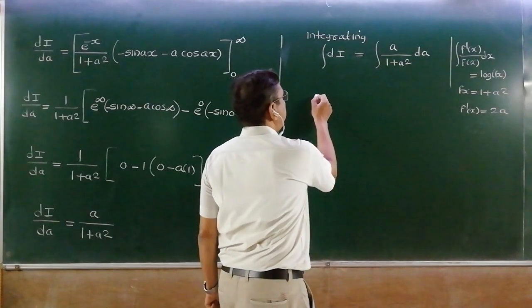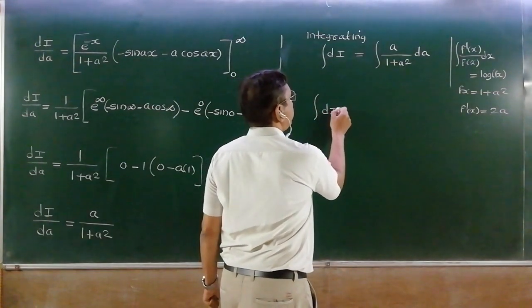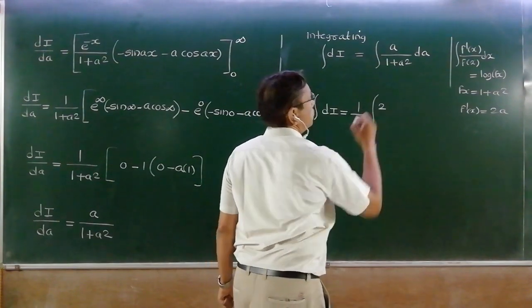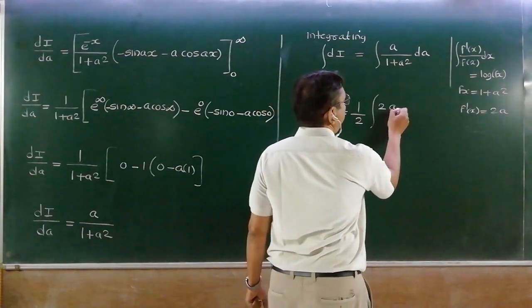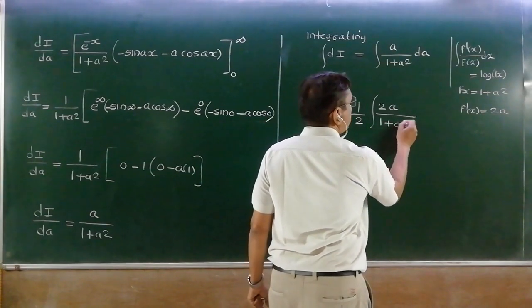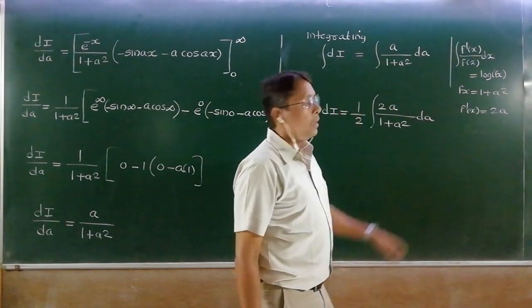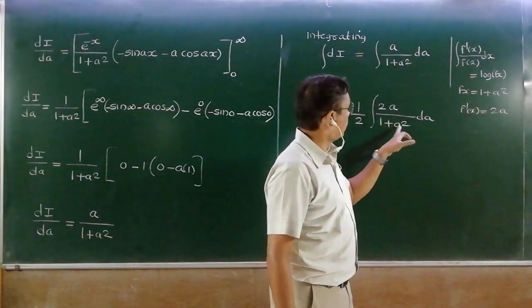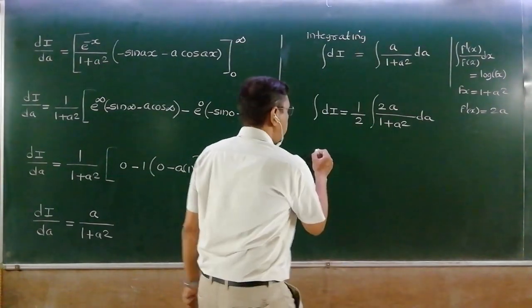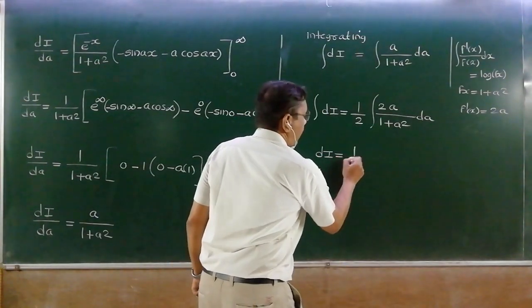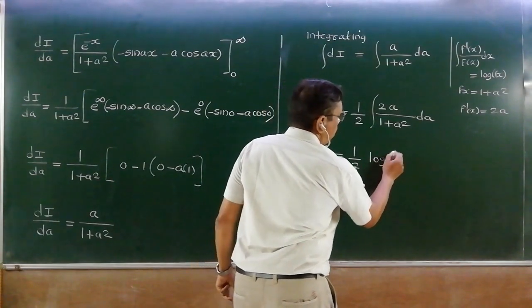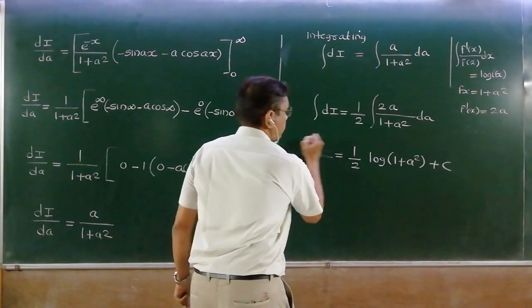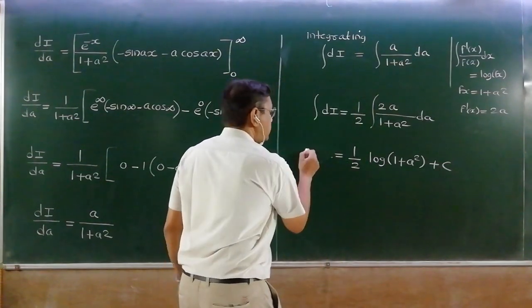That's why I'm going to divide and multiply with 2. So it is 1/2 integration of 2a upon 1 plus a square dA. As per this formula, the integration of f dash x by f x, where f dash x is 2a and f x is 1 plus a square, gives I equal to 1/2 log(1 plus a square) plus c.